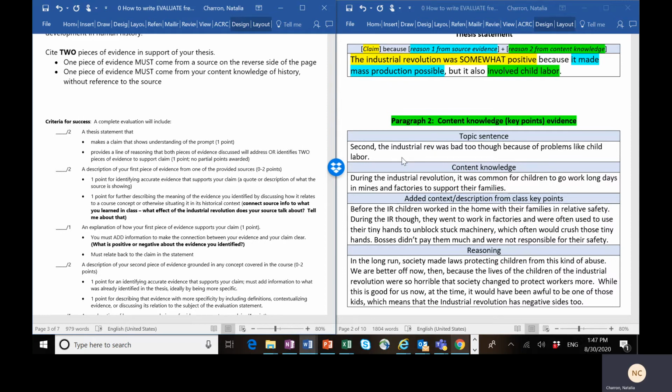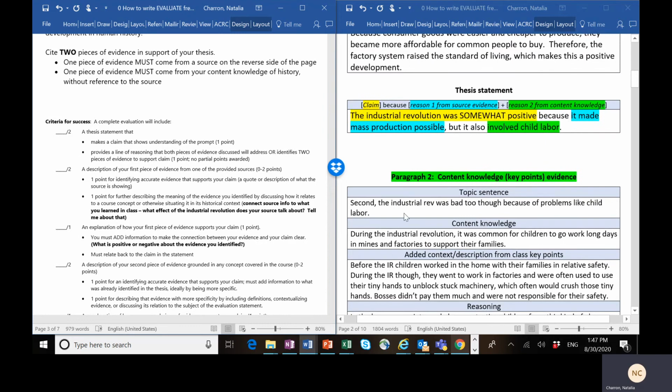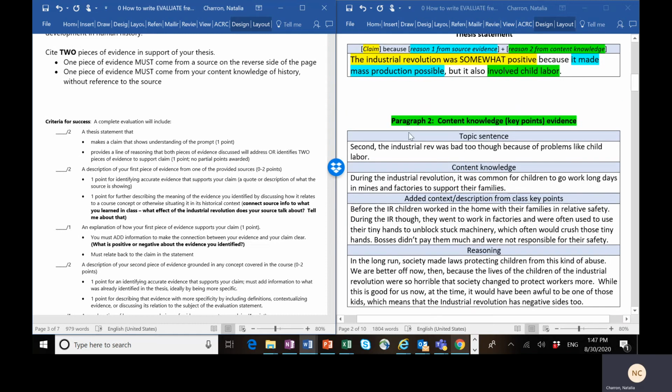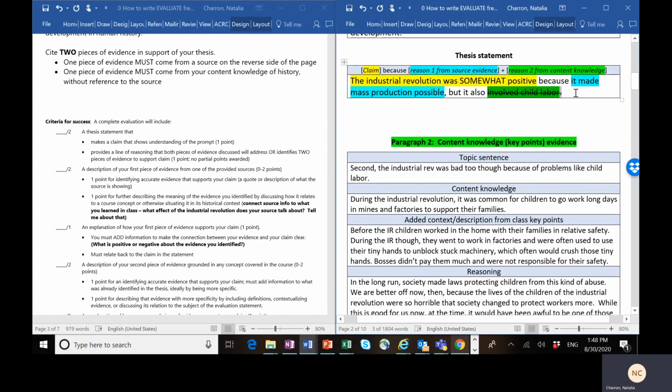So if I had an epiphany halfway through writing paragraph 1, and actually I want to write about pollution in the Industrial Revolution, and I wrote a whole thing about pollution being bad and that's why the Industrial Revolution's bad, I would just have to go back up to the thesis, cross that out if it's on paper or delete it if it's on a computer, and then change it to what I actually wrote about.